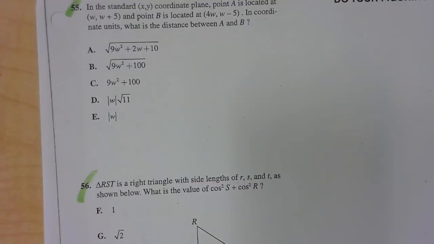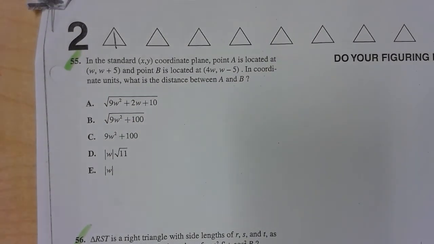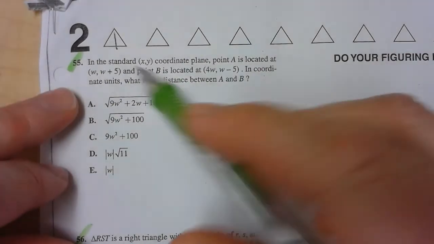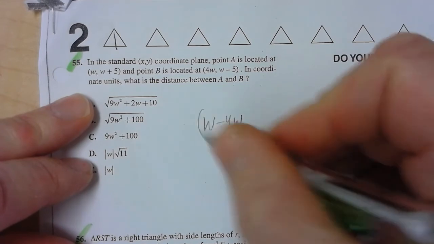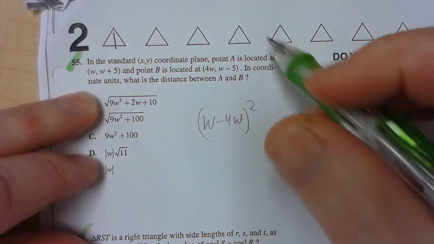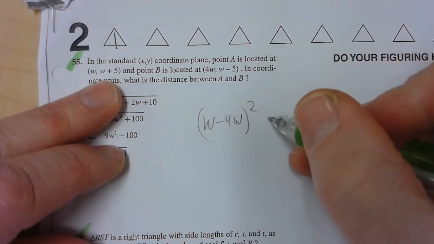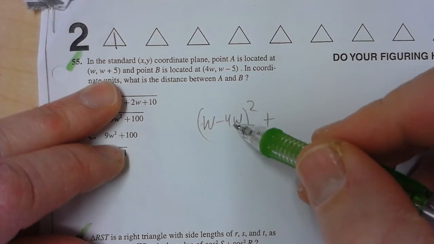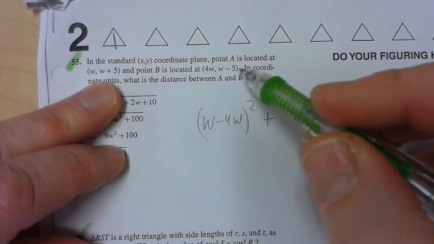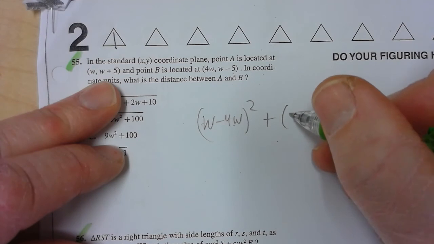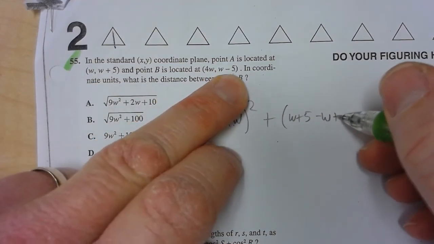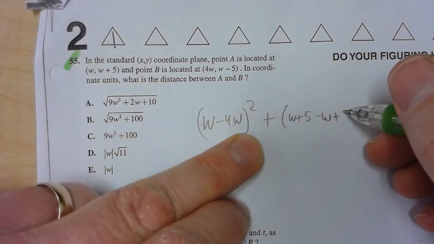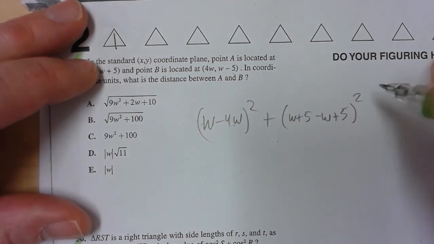Okay, this is the distance formula, number 55. So you subtract: it's W minus 4 squared, and then this minus this. You subtract the x values, you subtract the y values, so it'd be W plus 5 minus W, and then plus 5 squared, then take the square root.